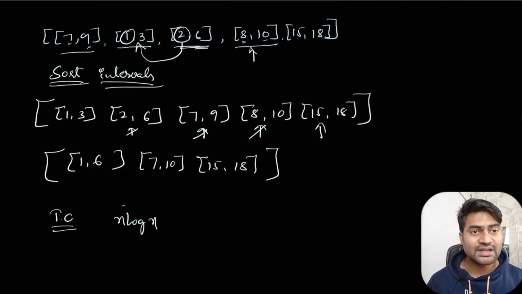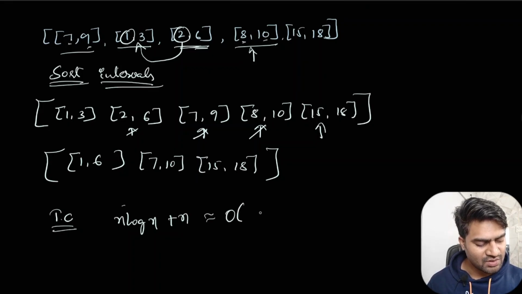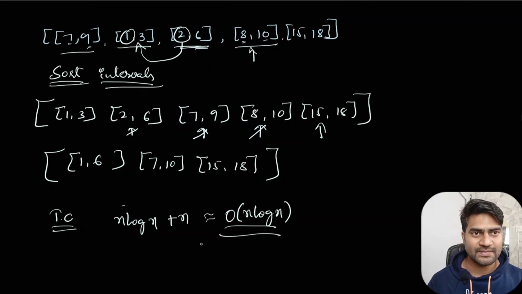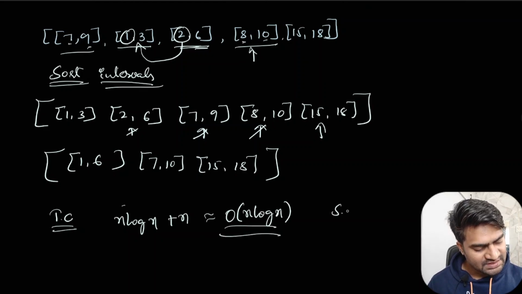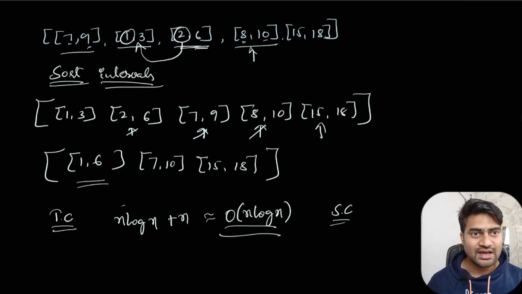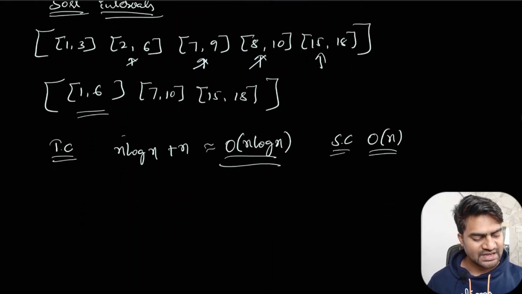Then in the second iteration, we processed all the elements, so that will be another n. So it will be of order n log n time complexity. And what is the space complexity? We are using only this extra array, which is of order n. So this is the time complexity and space complexity.